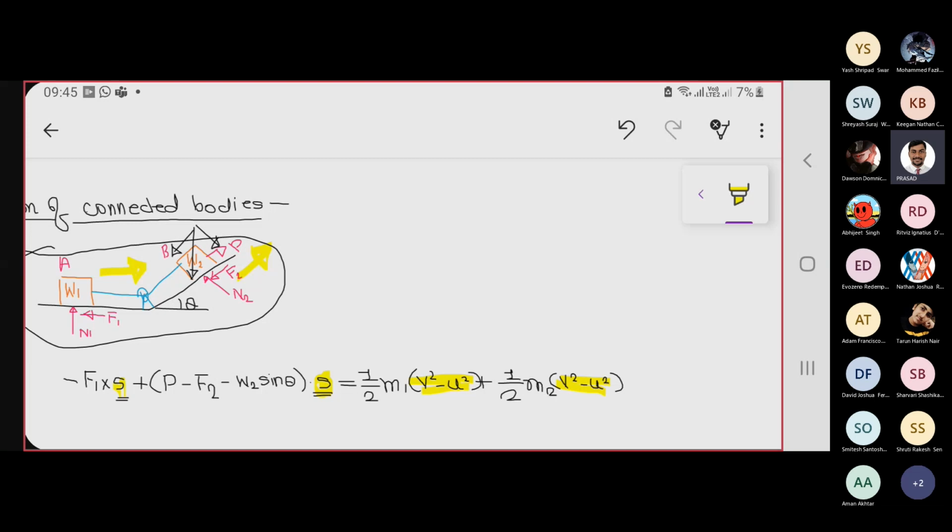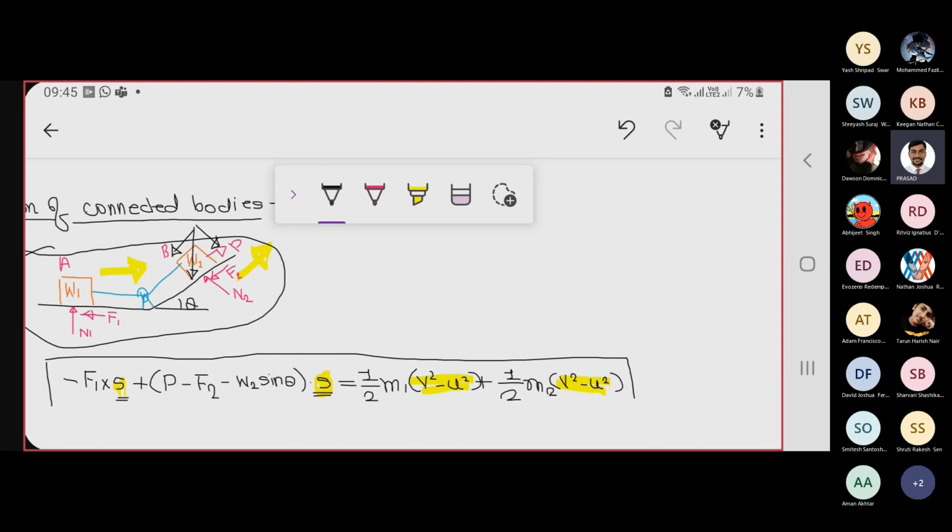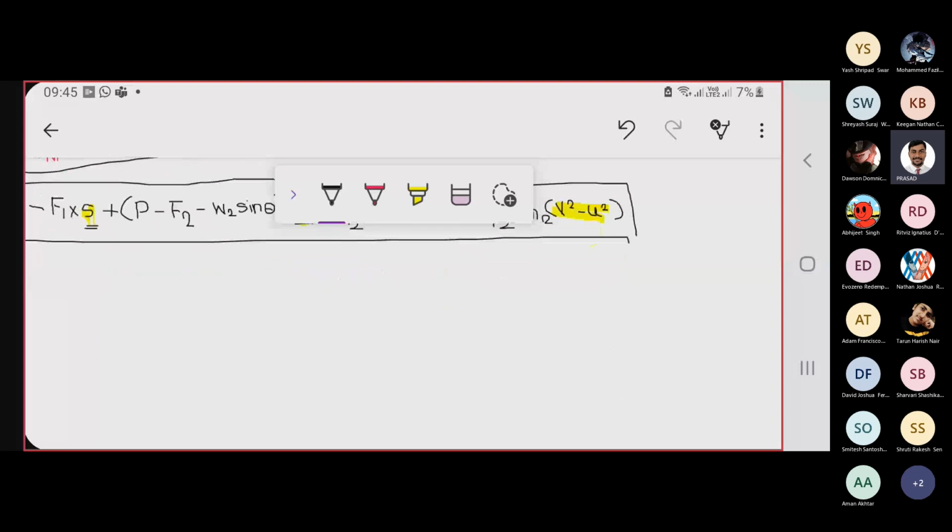Okay. So this is the new equation when we apply the work energy principle to connected bodies. So we will solve one problem on connected bodies. It is very simple to solve such connected body problems.